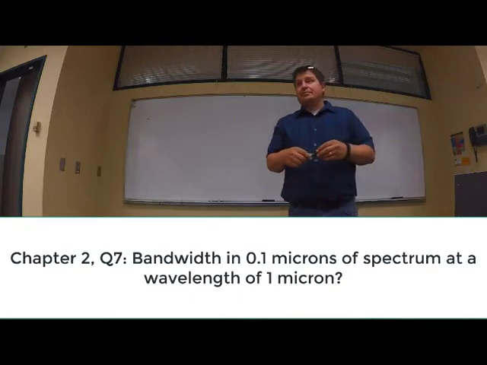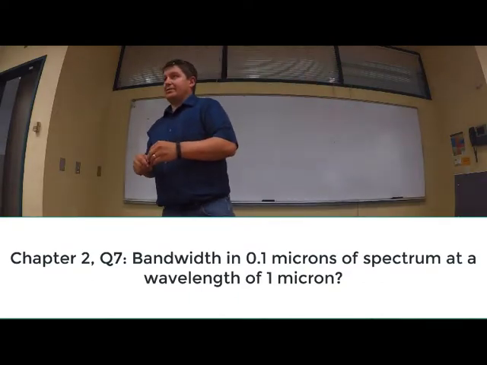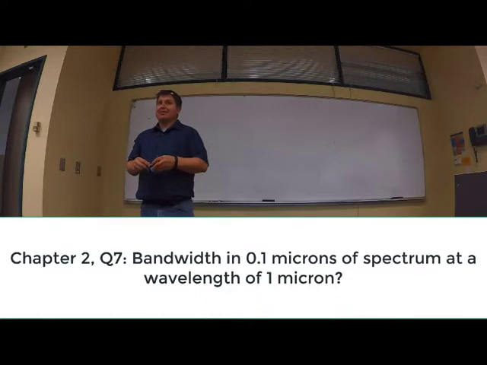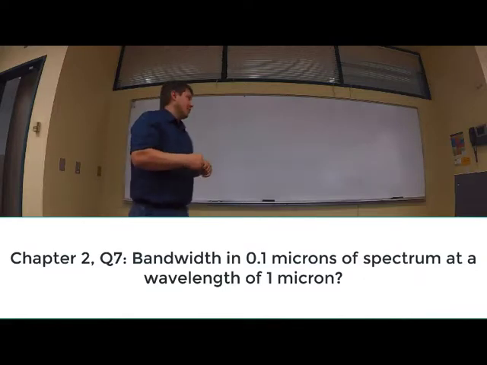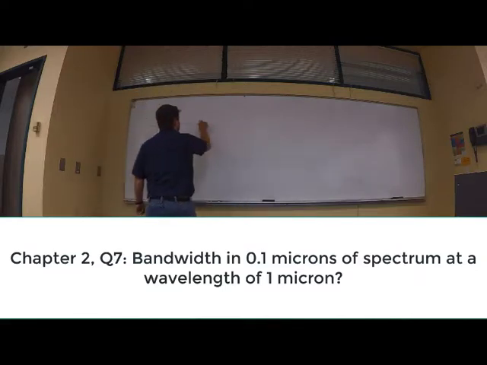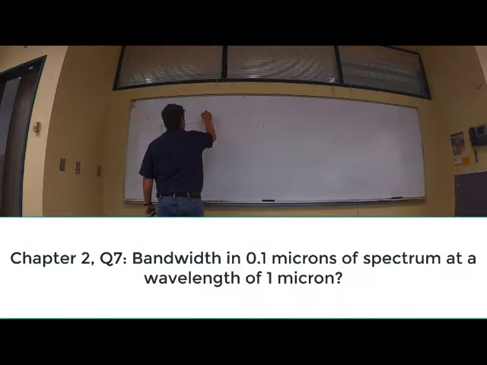So what do we have? There are a couple ways you can go about this. Unfortunately, this is why the question is not going to be on the test, because the question doesn't specify where that bandwidth is, and you would get different answers. If we have a spectrum, and right here is 1 micron, is our bandwidth here?